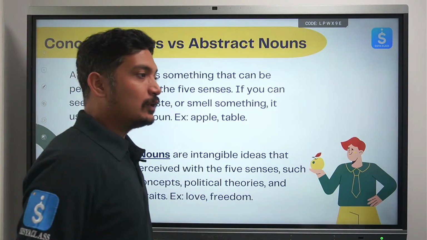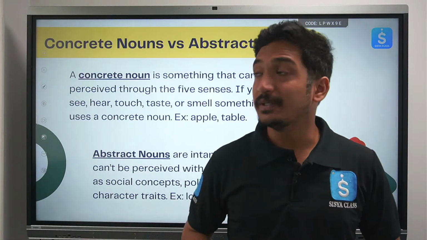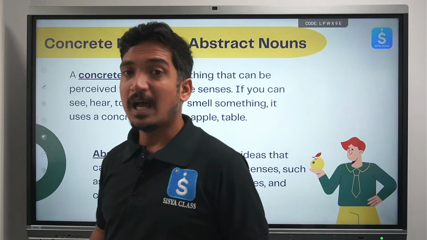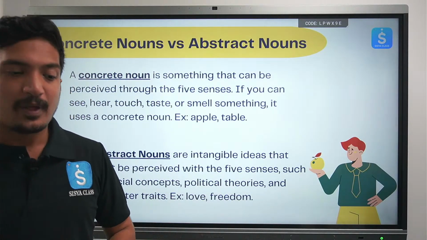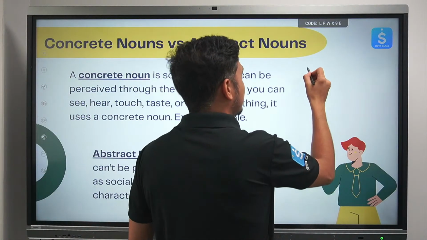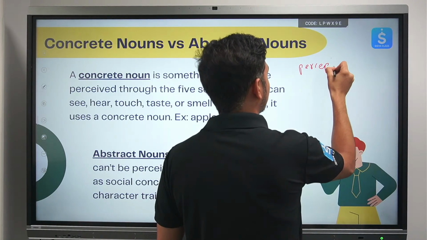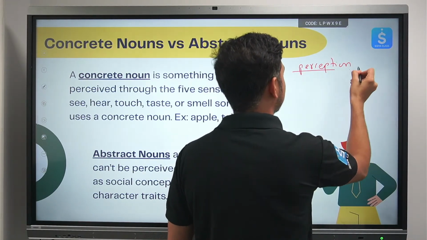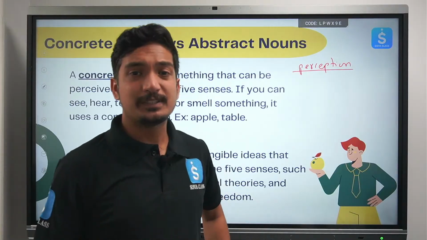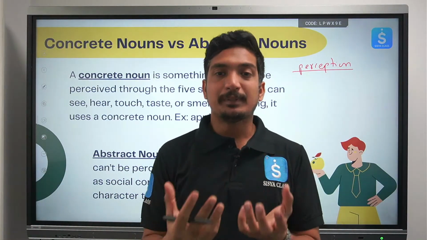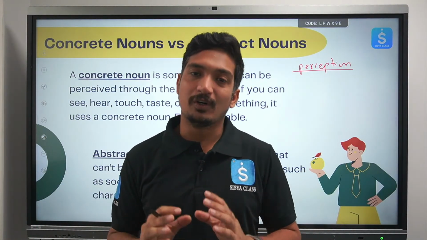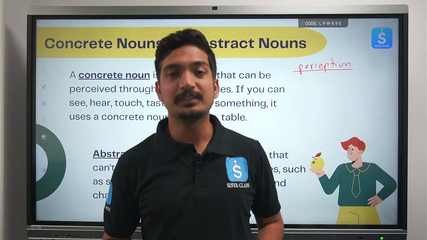Okay, now the next topic that we have over here is concrete nouns and then abstract noun. Now here the categorization is based on perception, or how do you perceive these nouns. Okay, the perception. Now we get a perception by our five sense organs. Now what are these five sense organs?